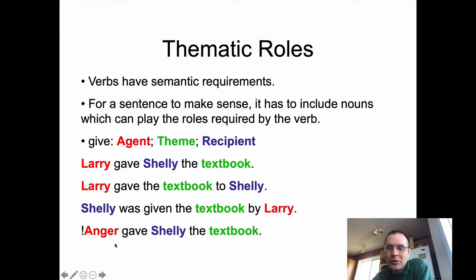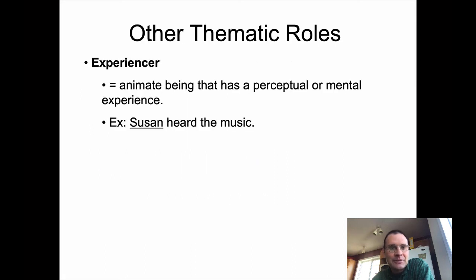You might find that in a poem somewhere, but most people would look upon you strangely if you tried to say that anger gave Shelley the textbook. And in fact, if some of you did actually say this, you'd probably interpret anger as a strange first name for somebody who's giving textbooks to people for free for some reason. Even though their name is anger.